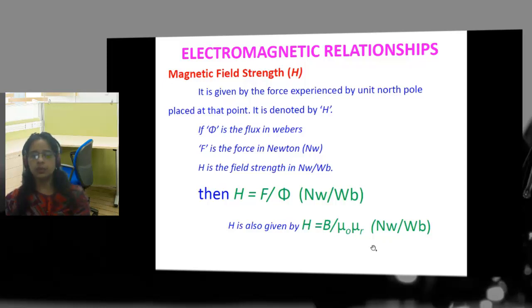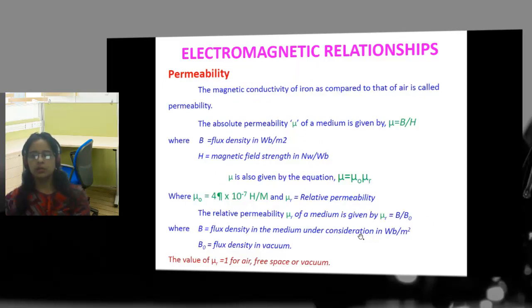Mu naught is the permeability of a vacuum, and mu R is the relative permeability of some material with respect to some other material or with respect to air. Next topic is permeability.